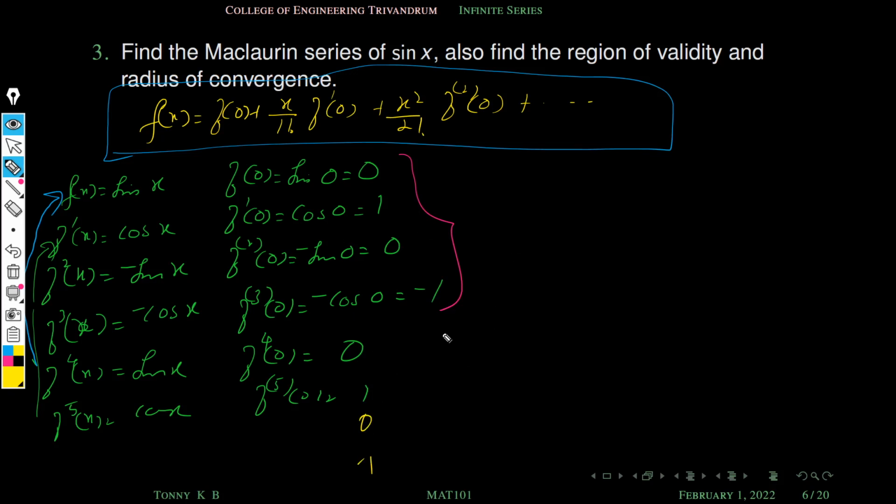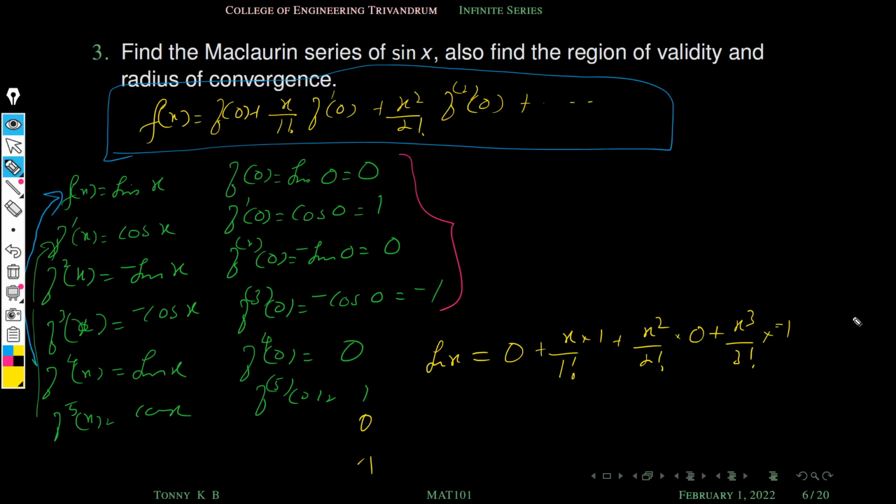Okay, now we are ready to write our series expansion of sin x. F of 0 is 0, then plus x by 1 factorial into 1. This is our f1 of 0. Plus x square by 2 factorial into f2, that is again 0, plus x raised to 3 by 3 factorial into minus 1. Then it's repeating like this, 0, 1, 0, minus 1.